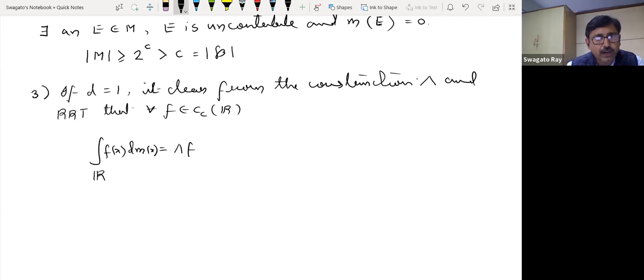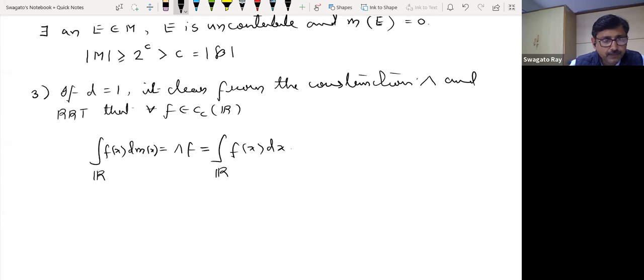But all of you know how this lambda f was defined. It was simply the Riemann integral of the function. That means it is also the integration of f(x) dx. I don't write dm(x) here. So the claim that follows is that for all compactly supported real valued continuous functions, Riemann integration and Lebesgue integration are the same, and so are their integrals.